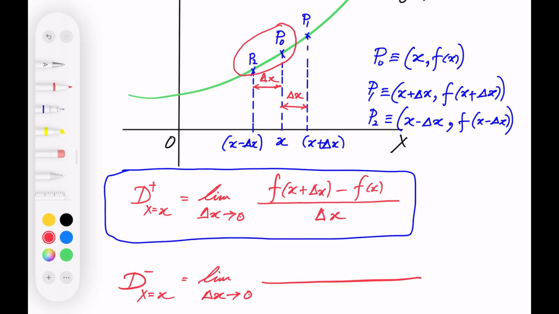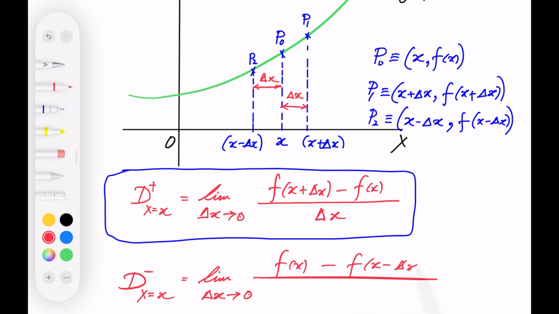We know the slope is written as the difference of y coordinates divided by difference of x coordinates. p0 is right here, p2 is right here. The difference of y coordinates should be f of x minus f of x minus delta x. So let me write it down as that, f of x minus f of x minus delta x.